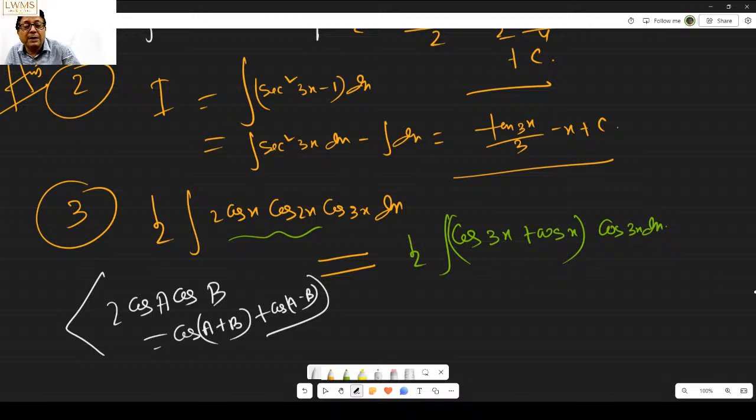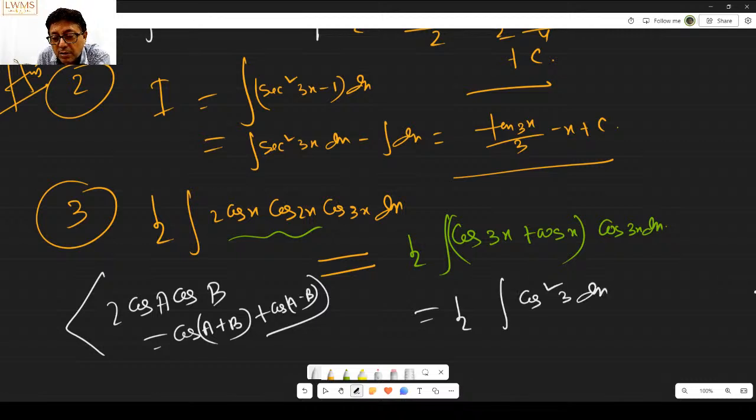Check whether this formula I have used properly or not. It's a class 11 trigo formula only. So you write half into... okay. This is cos square 3x, sorry.